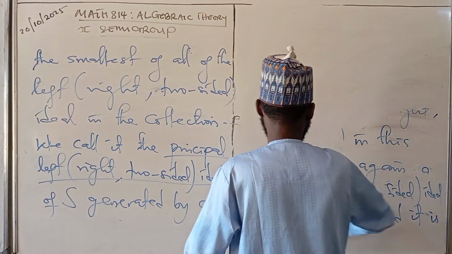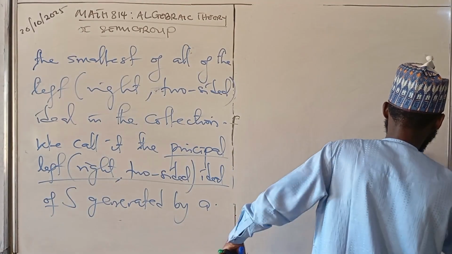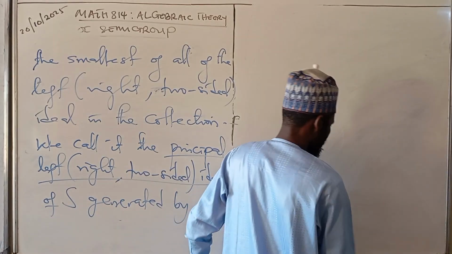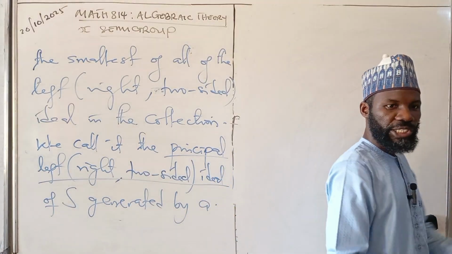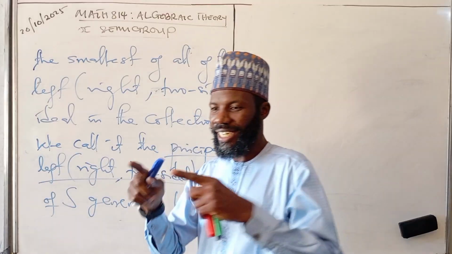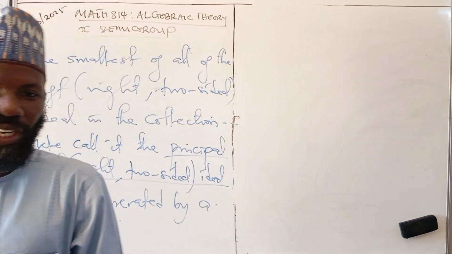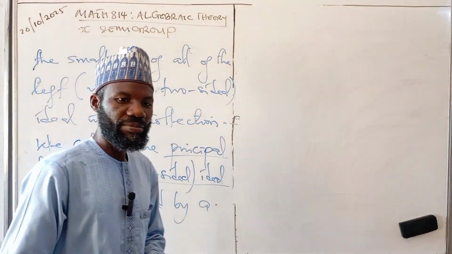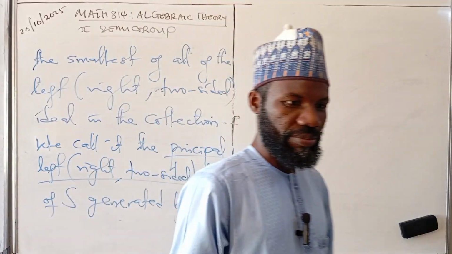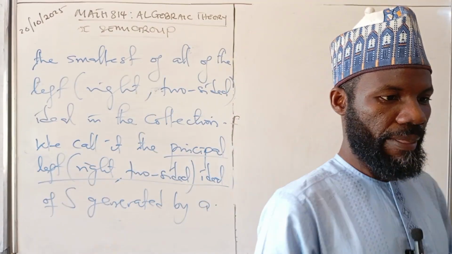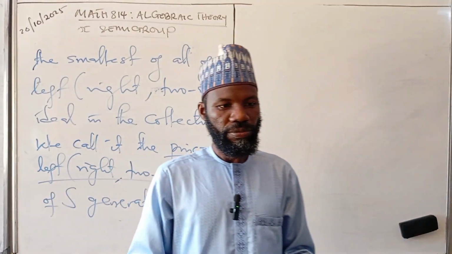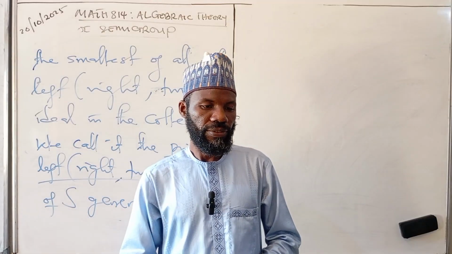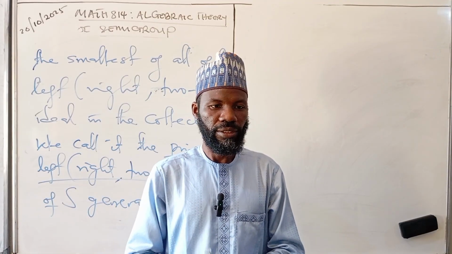generated by some elements? Like in the group of integers with multiplication, or the natural numbers with multiplication. Can you give me an ideal generated by 5, for example? We have 5, 10, 15. What are you doing?